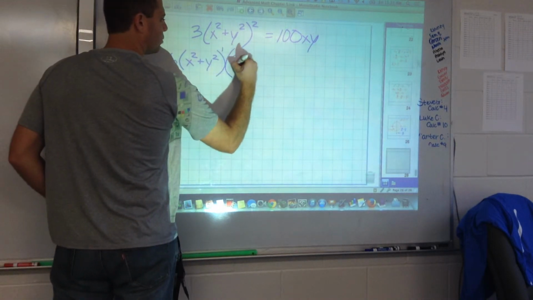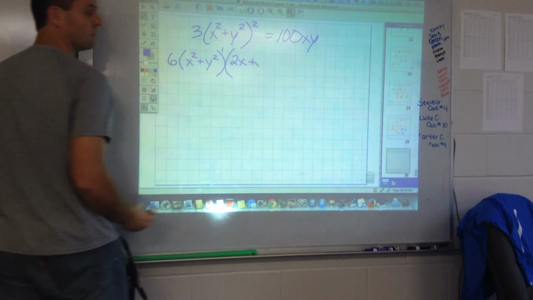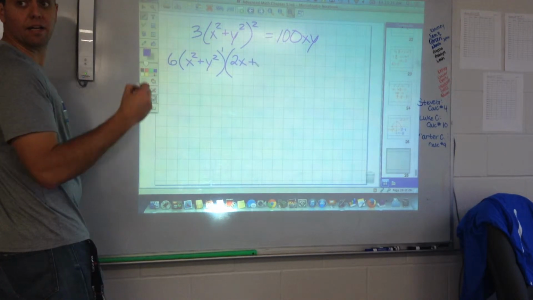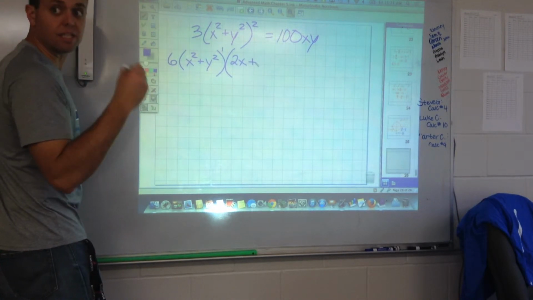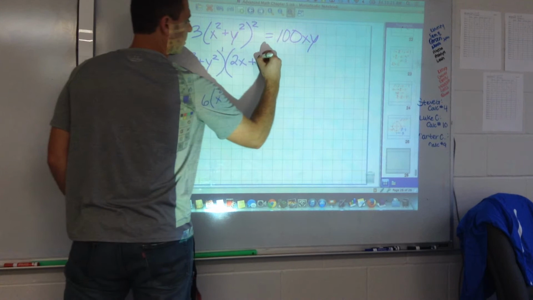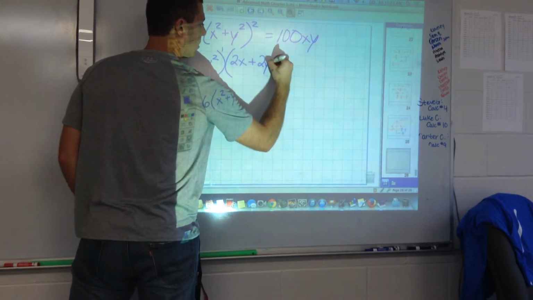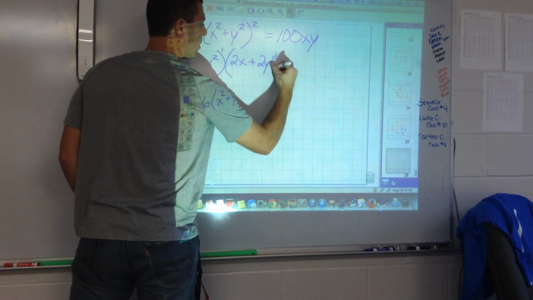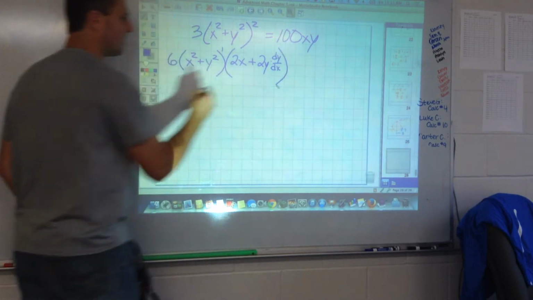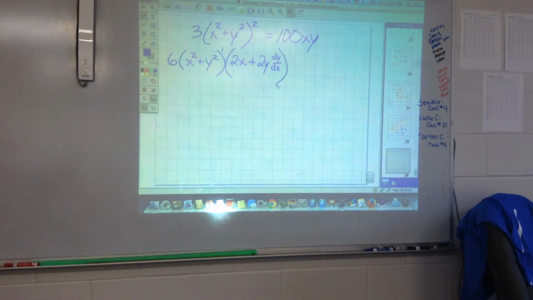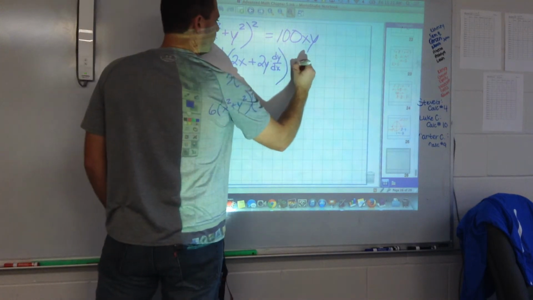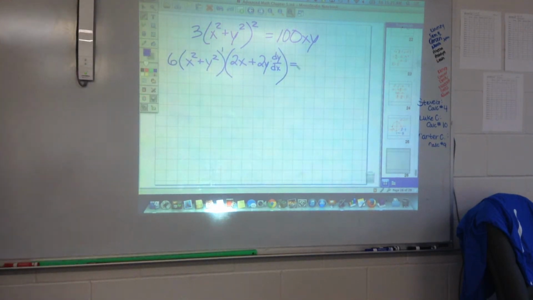That will be 2x plus 2y dy dx. Oh, whoops, because right there at that moment we did the derivative of a y instead of an x. And then equals 100 times dy over dx.